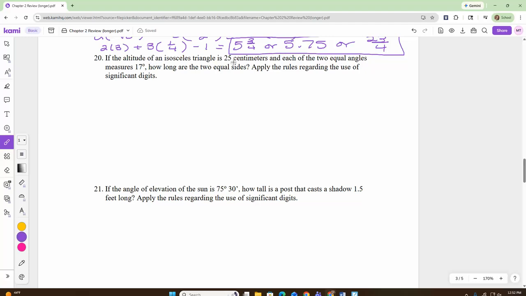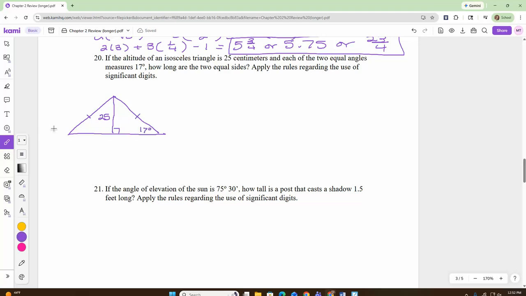All right. What do I mean when I say an isosceles triangle? Okay. The altitude, that is the height. So that is 25. That height would form a right angle with the bottom. Each of the two equal angles. So if these sides are the same, that means these angles are the same.